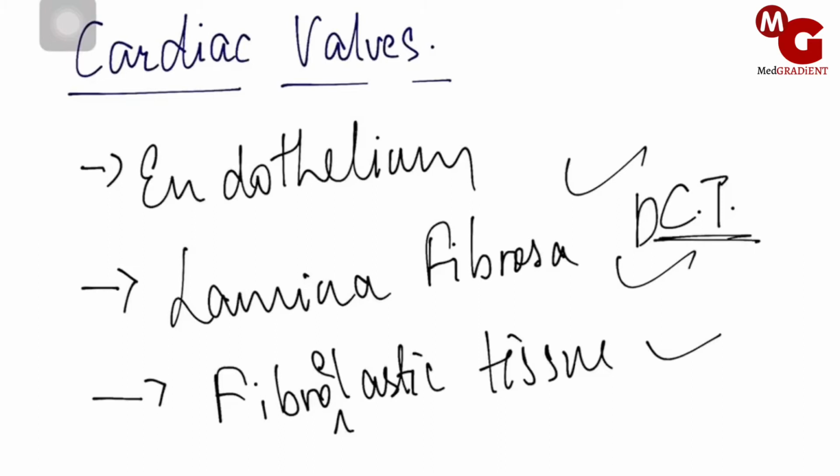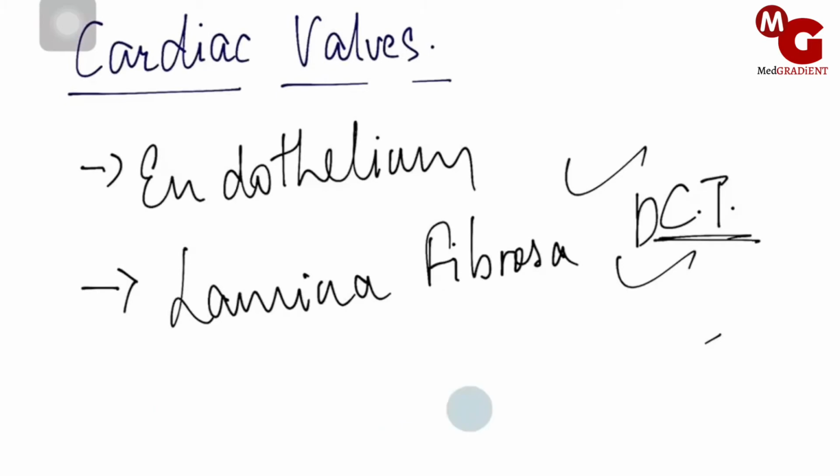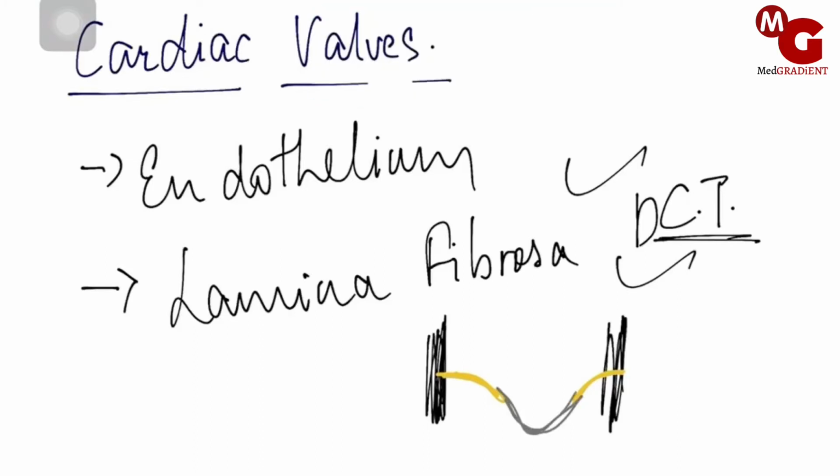So let's understand this. Let's say we have a valve, this is our wall, this is the septum, and the region where the valve gets attached to the wall is a continued part of the cusp.